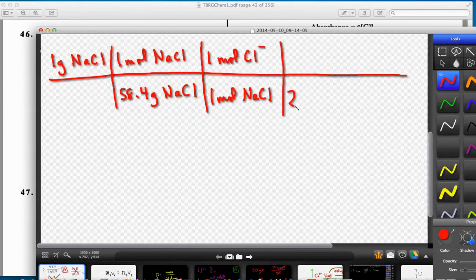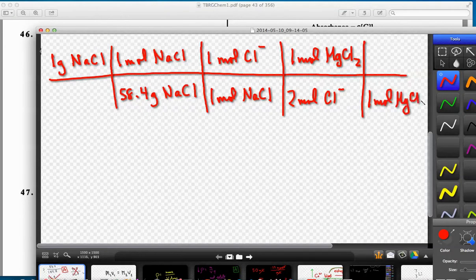There are 2 moles of Cl minus in 1 mole of MgCl2. And for every 1 mole of MgCl2, there's 94.9 grams. Now let's just get rid of all the ones here to simplify this.